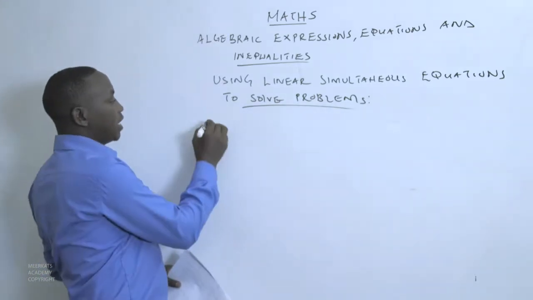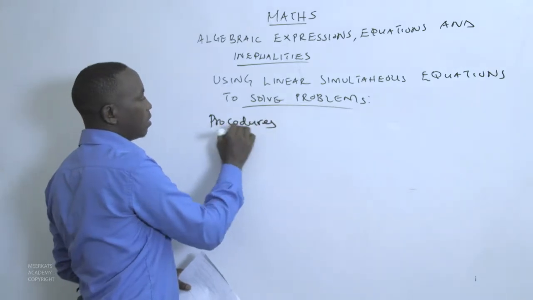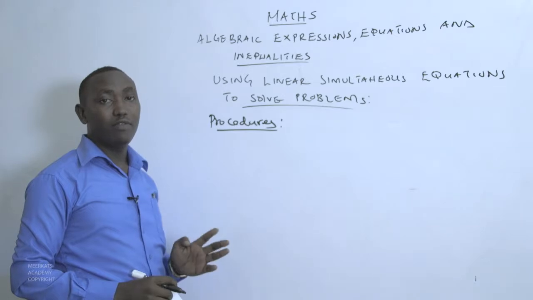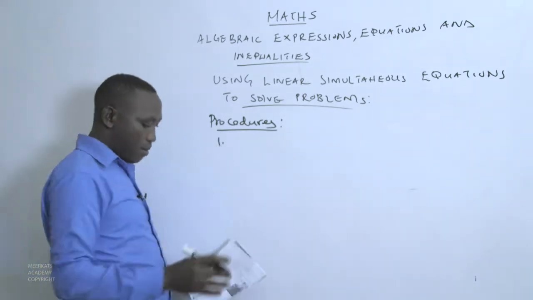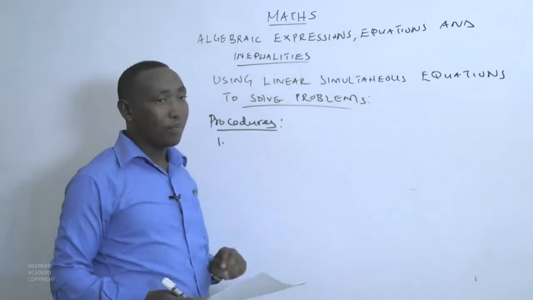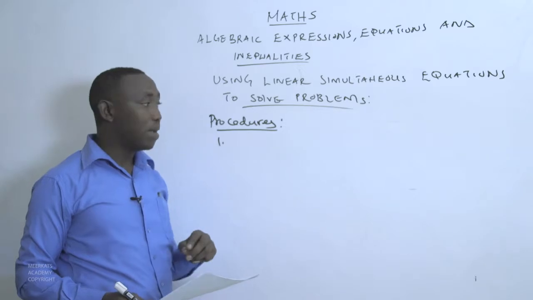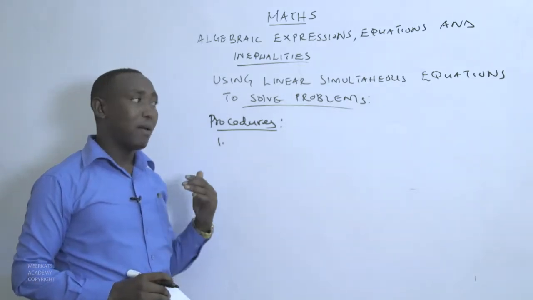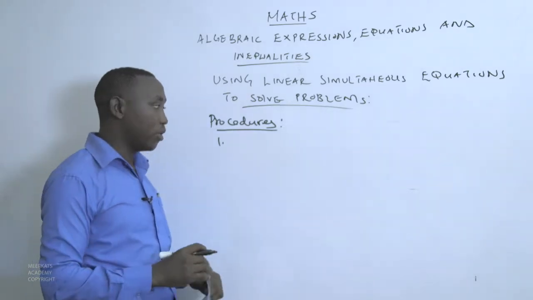There are certain procedures that are normally followed whenever you want to use either of the two methods to solve a simultaneous linear equation. The first procedure, after reading that particular statement or the word problem, you need to define or set pronumerals that are going to represent some statements in that particular question or problem.